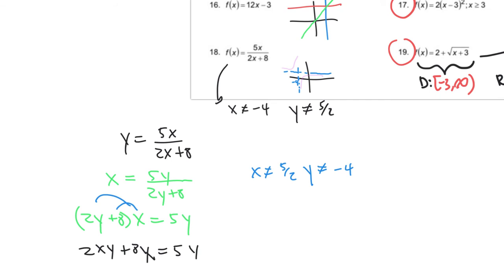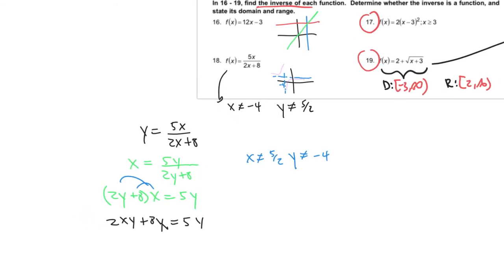Now at that point, you're going to want to get all the terms that have y in it on the same side and all the terms that don't have y on the other side. So we could subtract 5y from both sides. We'd end up with 2xy minus 5y. We could also subtract 8x from both sides, giving us that negative 8x over here. Now at that point, the whole purpose of doing that is that we could now factor out a y to get it closer to being isolated.